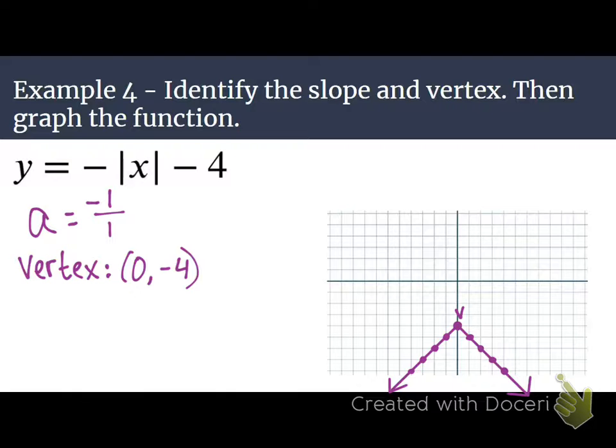Exactly. Well, you need at least 2. I like the more the merrier, but it's true that you only need to have 2 for a line. Now for these V's, I would recommend more points. Of course, we would need more than just 2 because we're not doing just a straight line anymore. Good question. Other questions?